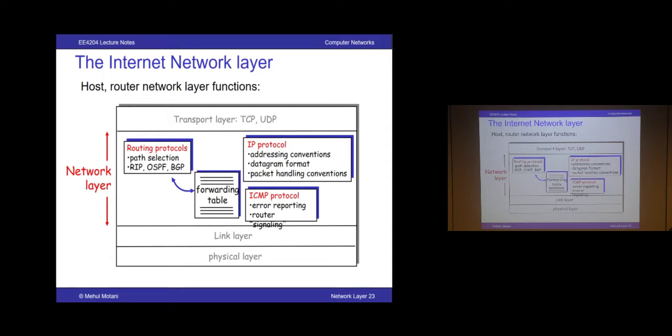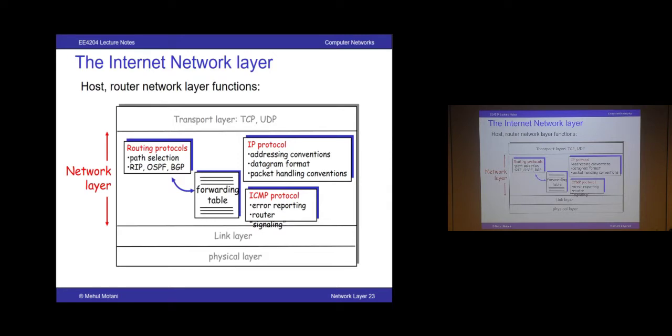There are a few other functions that are implemented at the network layer. So you have the IP protocol. The IP protocol is about the addresses and how we hand them out. There's another protocol called ICMP, Internet Control Message Protocol, and that's used to send out control messages.